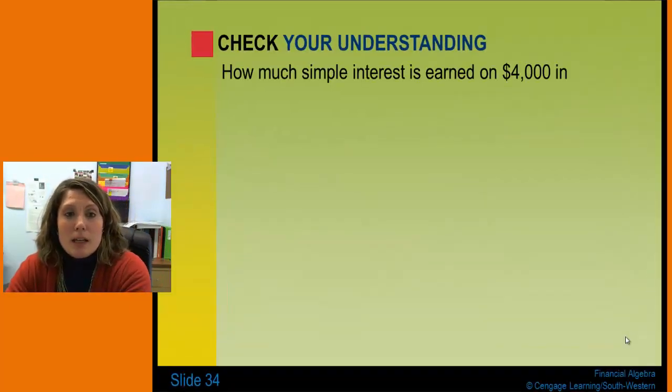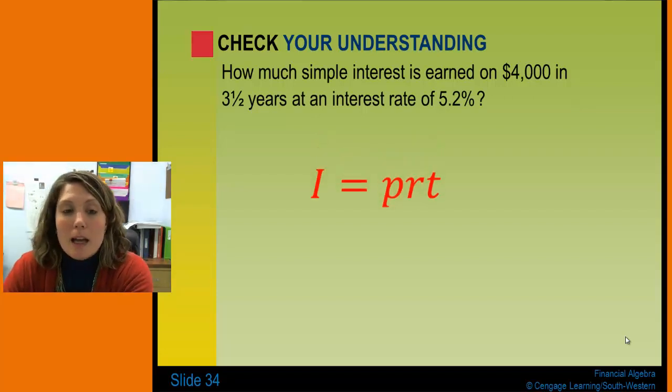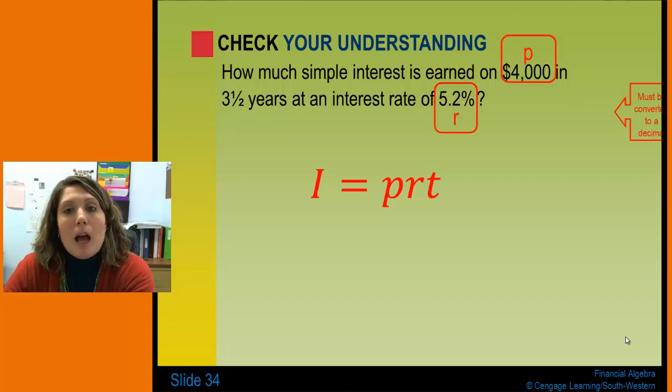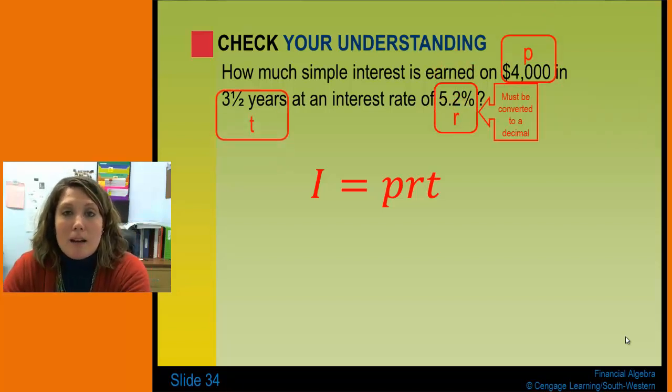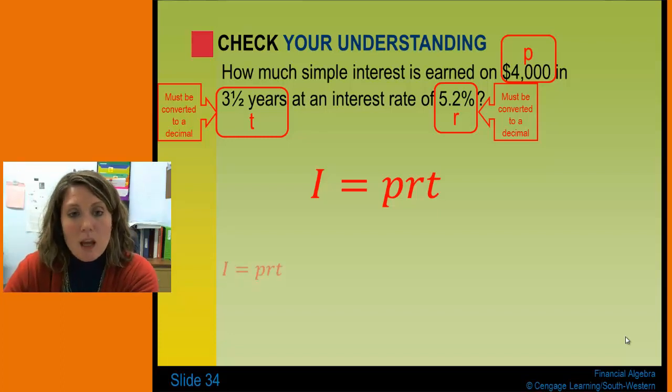They check your understanding. How much simple interest is earned on $4,000 in 3.5 years at an interest rate of 5.2%? Again, it's all coming back to this formula for all of the rest of these examples. So I pull out my principal, I pull out my rate, again it needs to be converted to a decimal, and I pull out my time, which is 3.5 years. This also needs to be converted to a decimal as well.